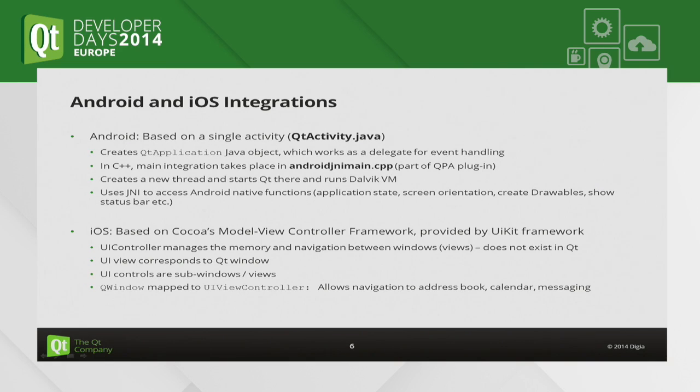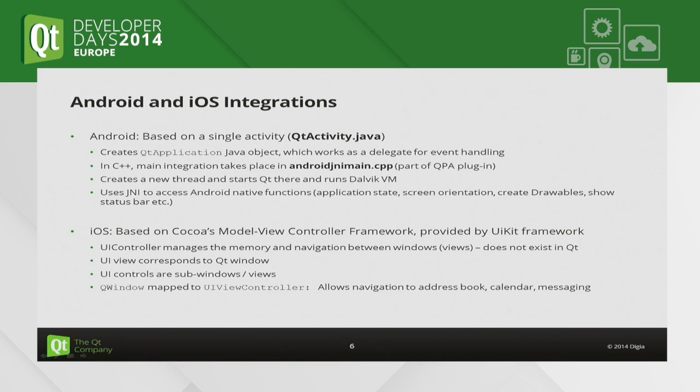Then what we use ourselves and also provide externally is JNI, the Java Native Interface, which allows you to use native code directly from C++. So if there's something that's missing from Qt APIs, for instance push notifications, you basically need to write Android code for doing that.